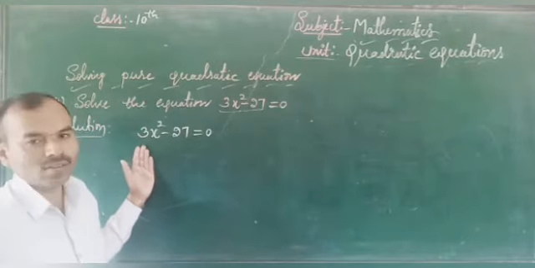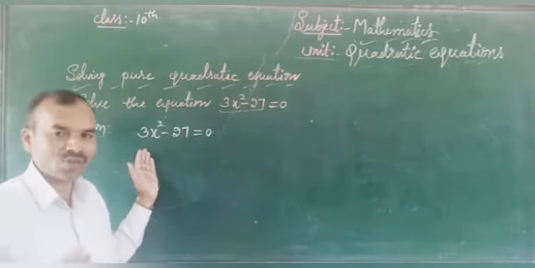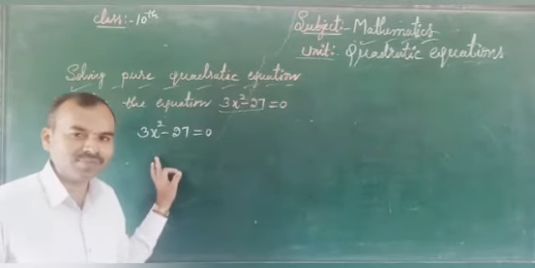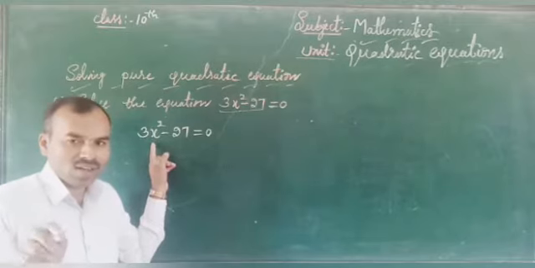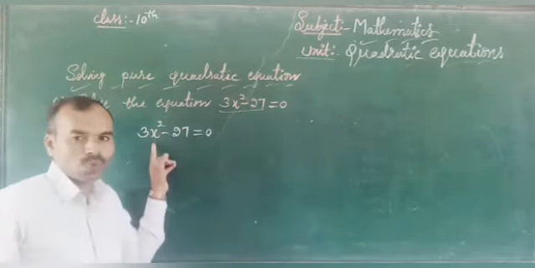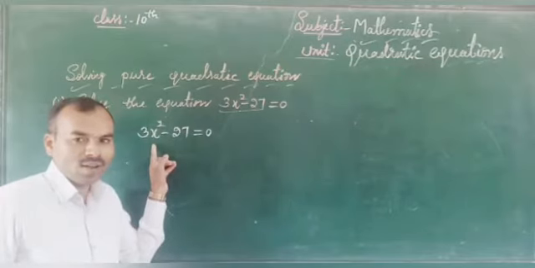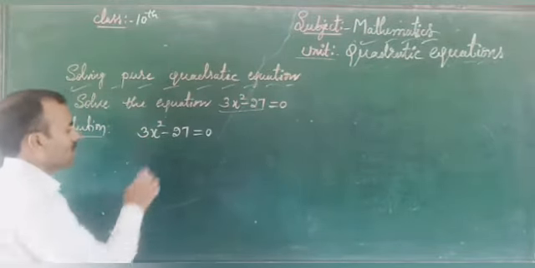Just observe, this is the pure quadratic equation. Why is it a pure quadratic equation? Yes, here the variable is one and its power or exponent is 2. Variable only in degree 2, pure quadratic equation.